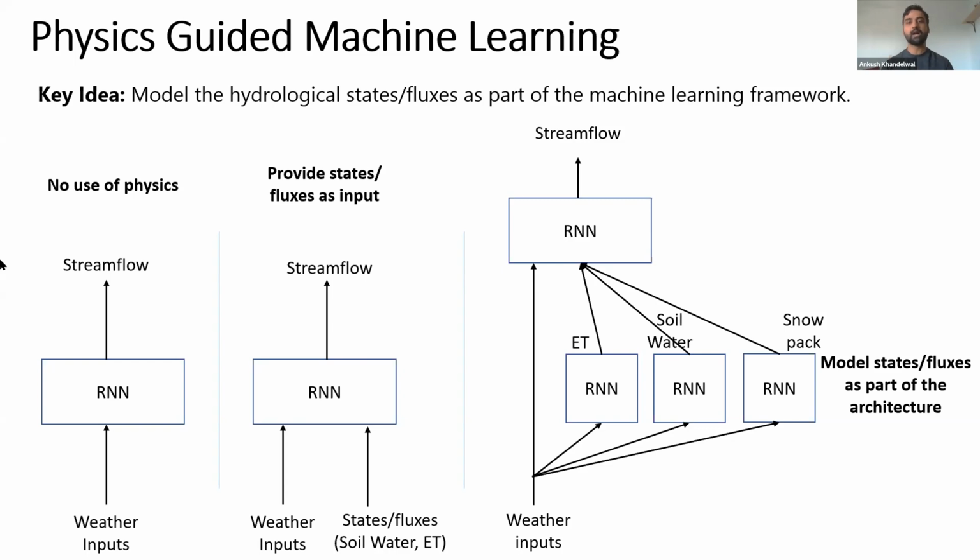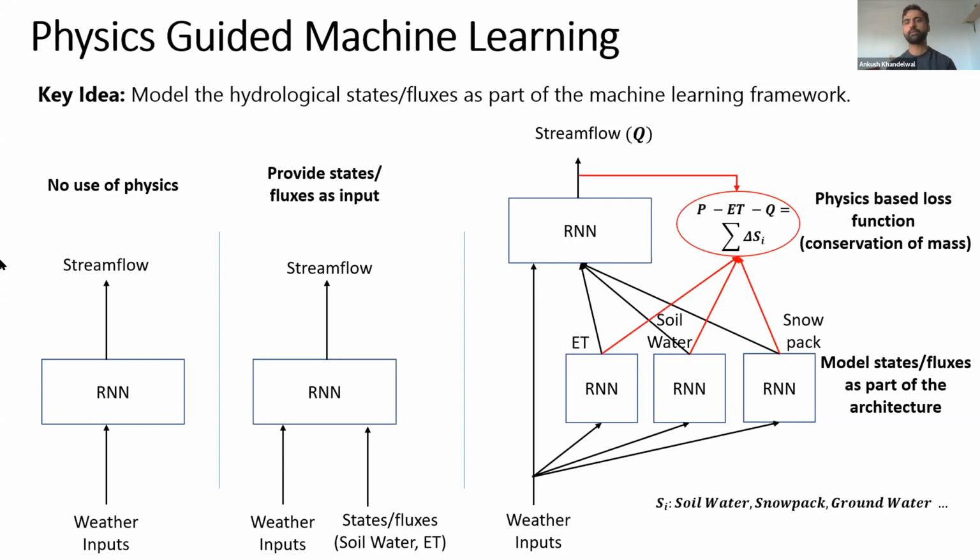And then the output of these individual modules is fed to the final module, which is trying to estimate streamflow. The benefit of this is that it reduces the complexity from one module having to capture all of these complex processes together.